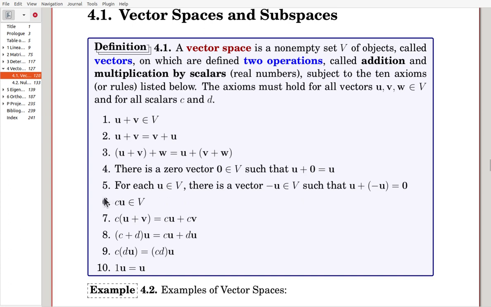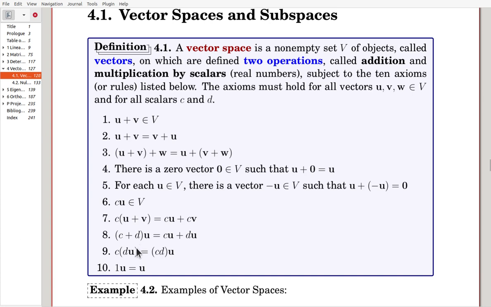Now the next 5 are for scalar multiplication, and the set must be closed under scalar multiplication. And for scalar multiples, it must be distributive in this sense for vectors and for scalars.